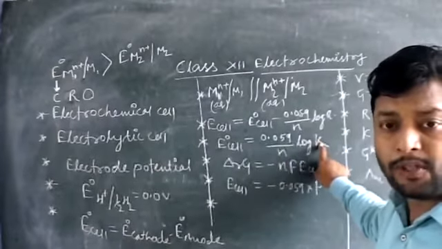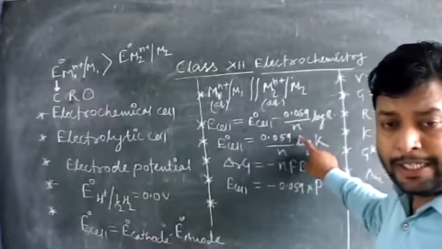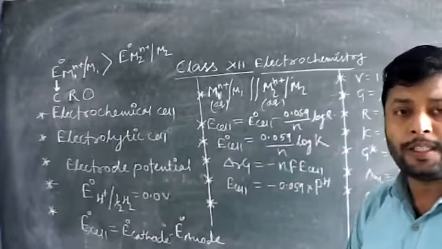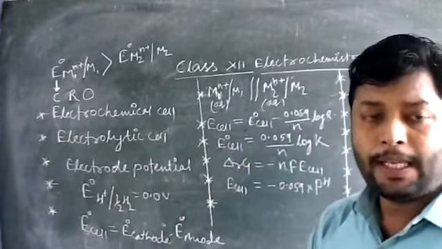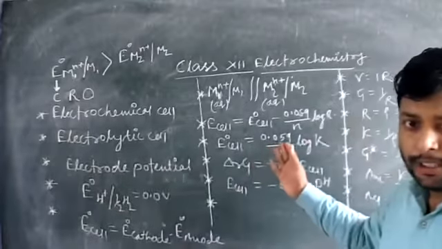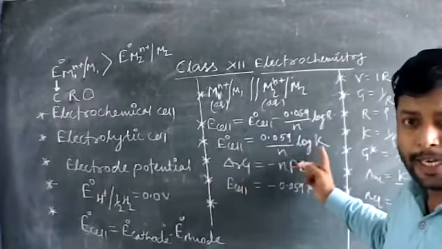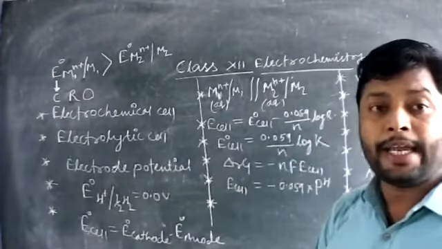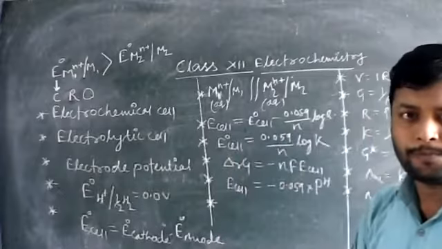K will be the equilibrium constant, and to calculate K you just have to take the anti-log. If we have E naught cell, then we can easily calculate K by taking the anti-log of the whole value.